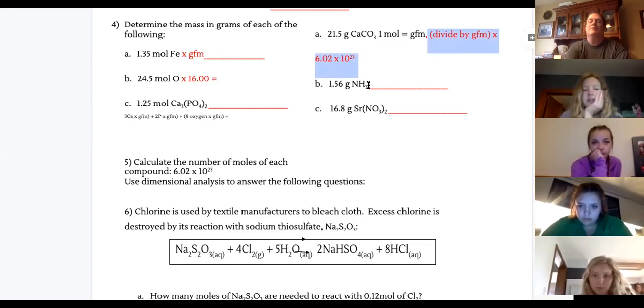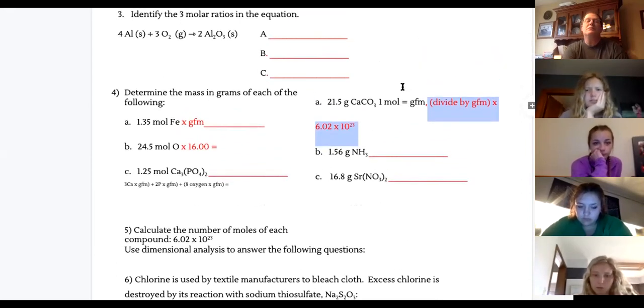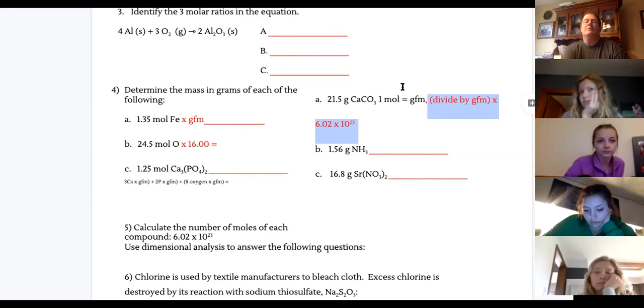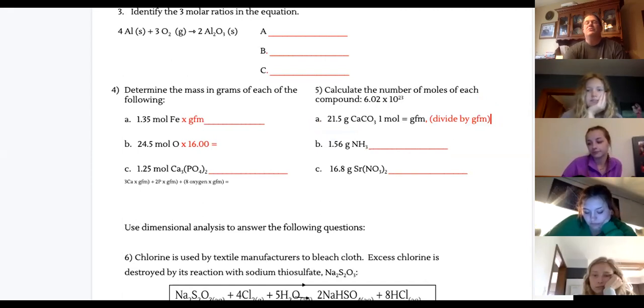It only asks for the number of moles, not the atoms or particles. Okay, so yeah, I guess you don't have to do that second step, do you? All you have to do is divide by its gram formula mass.